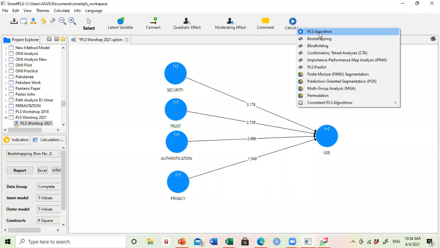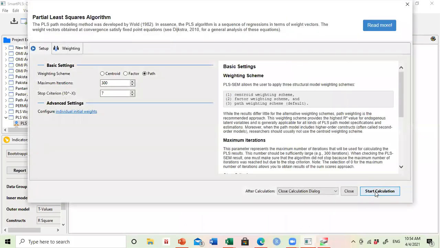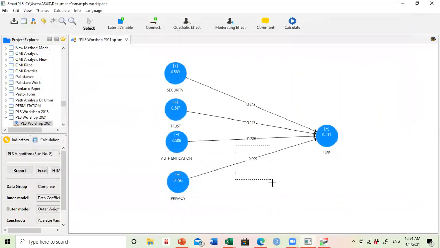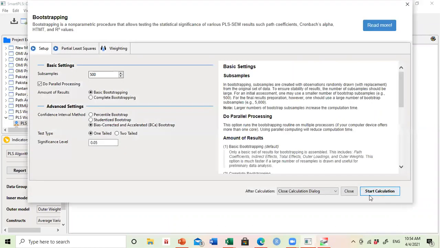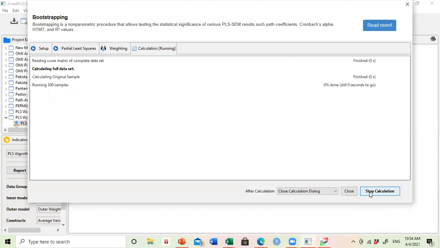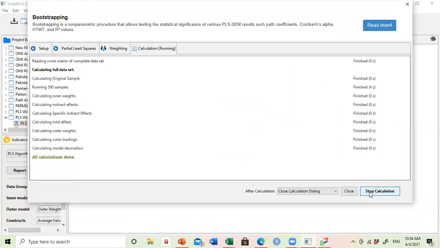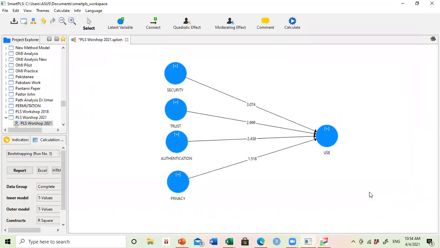Let's run the part coefficient and see again. You run the PLS algorithm and you see this one is minus 0.099. So it's negative. But when you run t value, you don't expect to see a negative, you just expect to see the level of significance. No, I mean there is a positive sign on the privacy construct. Where is the positive sign?